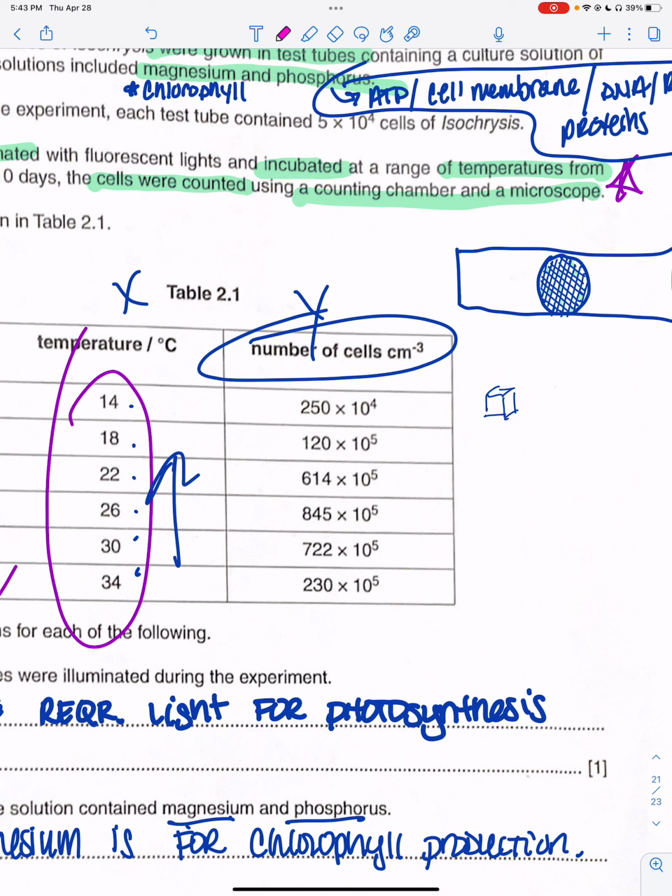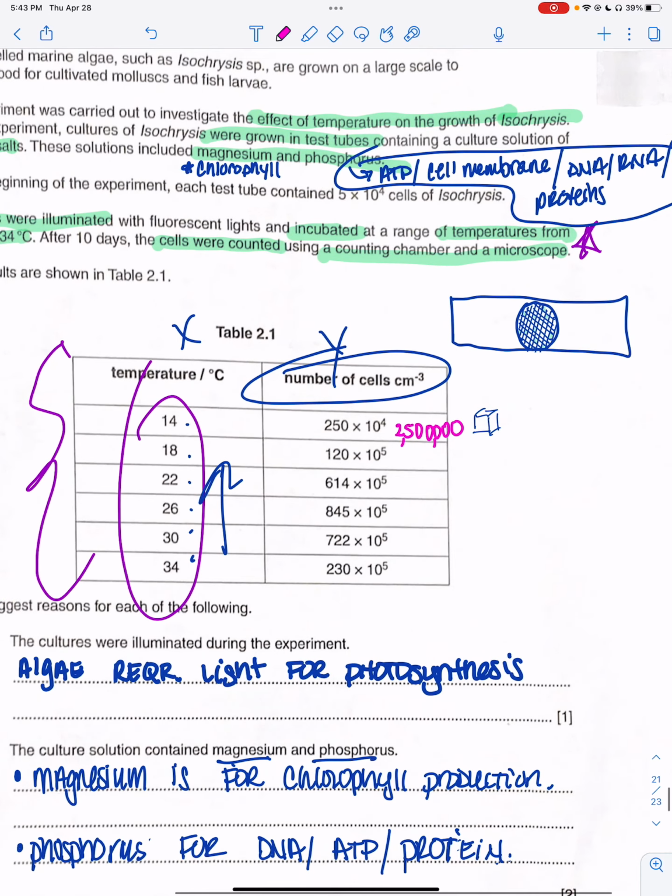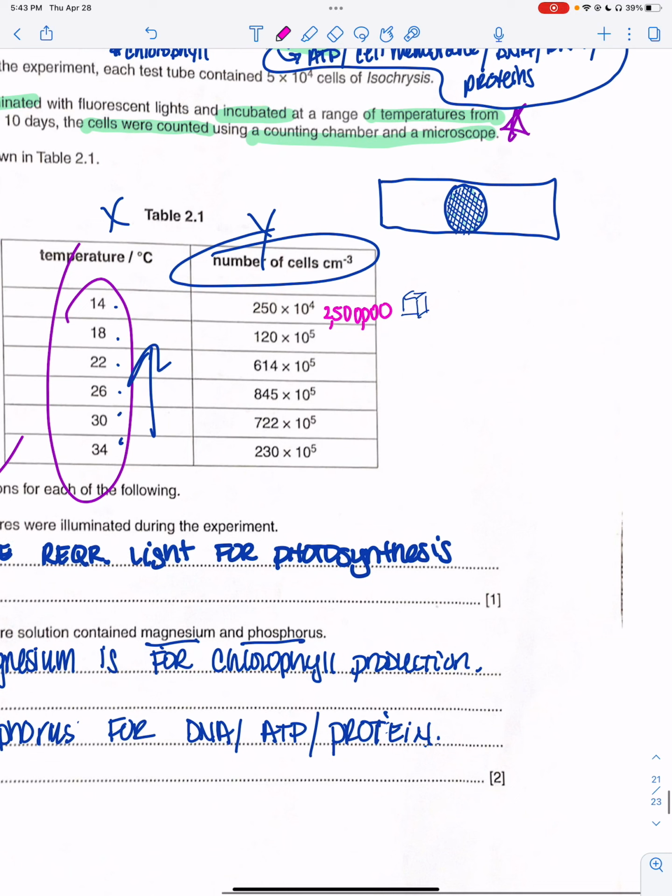You're adding a zero. 250 times 10 to the fourth is really 250. And then you're going to add in 4 more zeros. 2.5 million. This one's going to be like 12 million. So we have an increase.